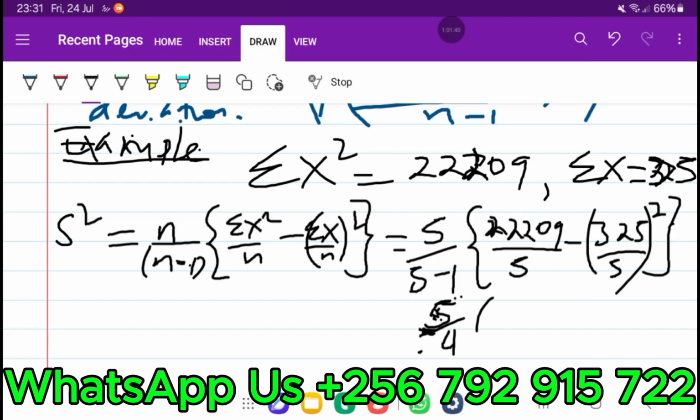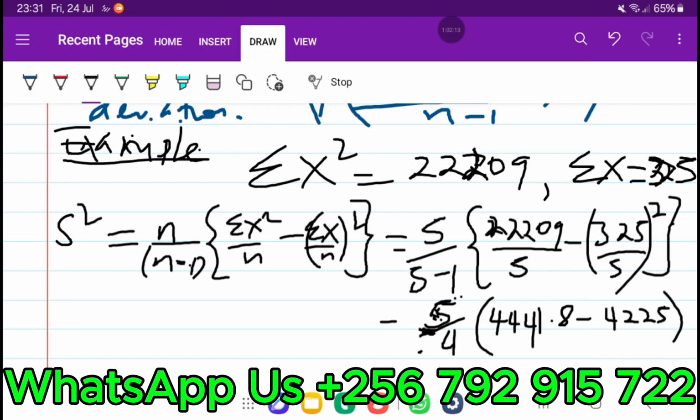into, this first one is 3,4, 1.8 minus, what is our mean squared? 325 divided by 5 gives you 65. 65 squared is 4,225.